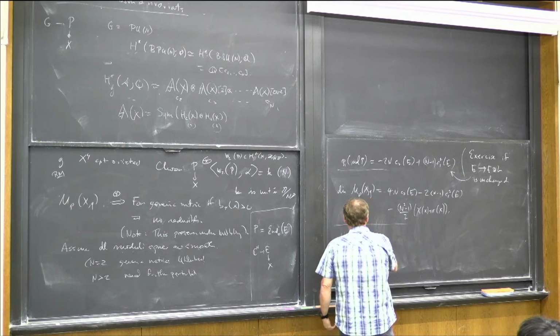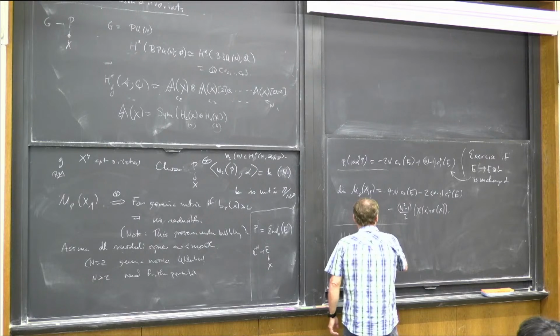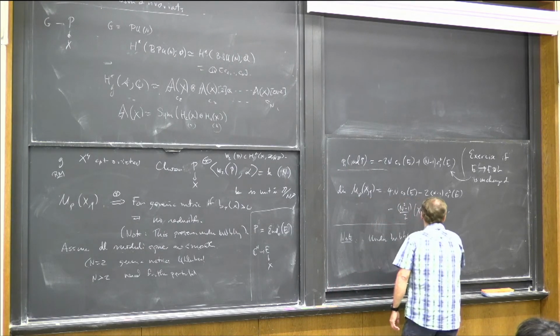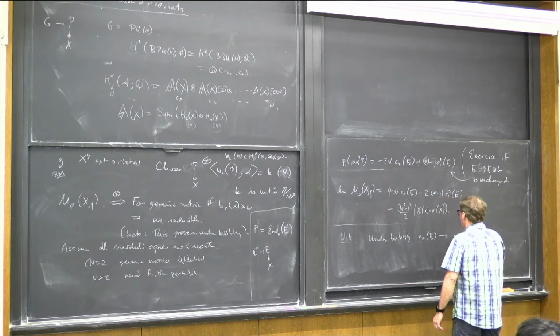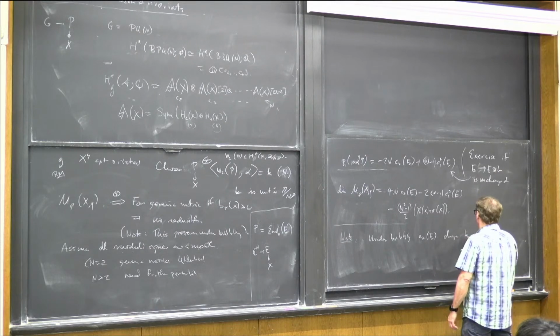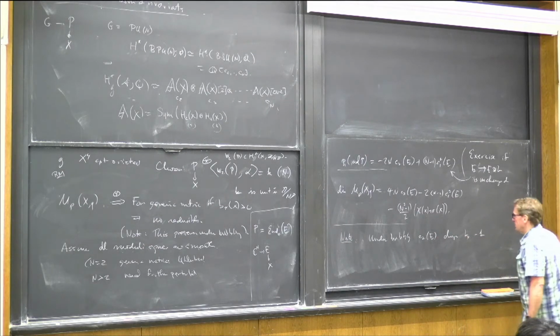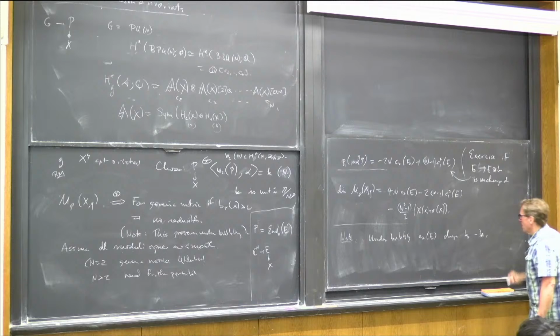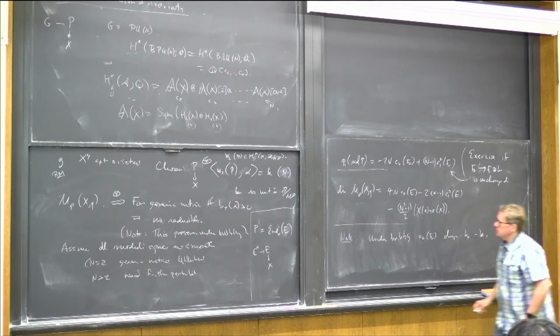So under bubbling, c2 of E changes by, well, if it's really bubbling, changes by -1 or -k more generally.